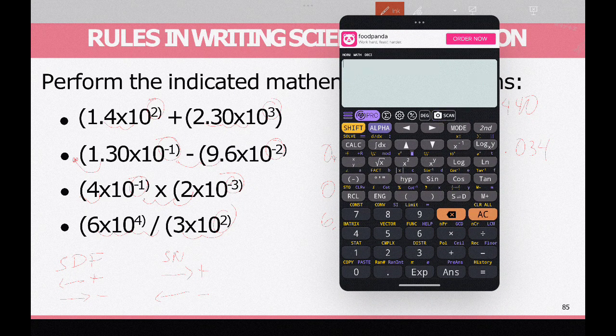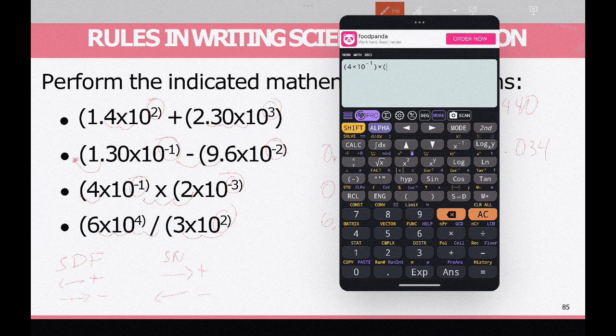Now, for multiplication, open parenthesis again, 4 times 10 raised to negative 1, and then close parenthesis, then multiply.